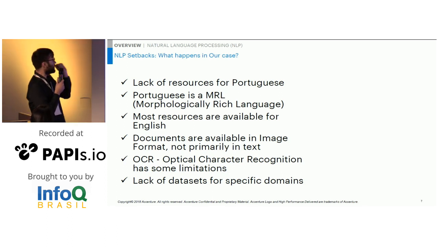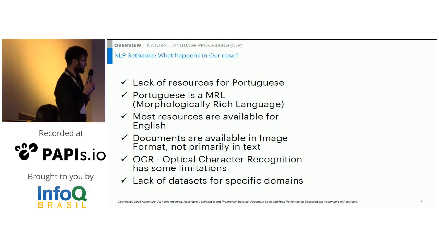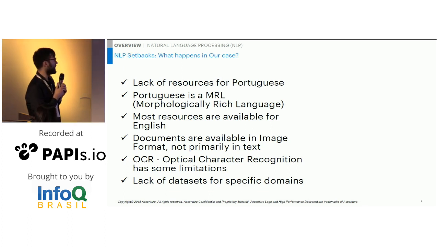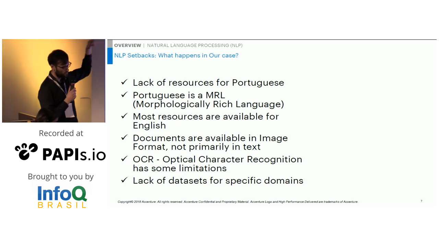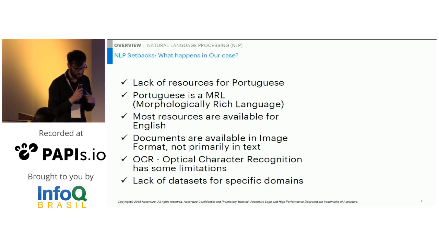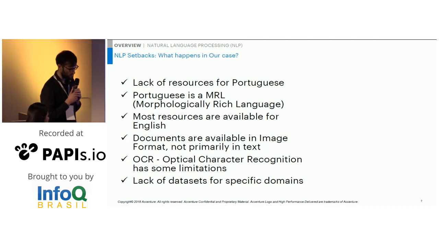So for Portuguese, there is that problem, and on top of that, there is a very interesting paper from 2013 talking about morphologically rich languages, which are difficult languages or maybe more ambiguous than others.